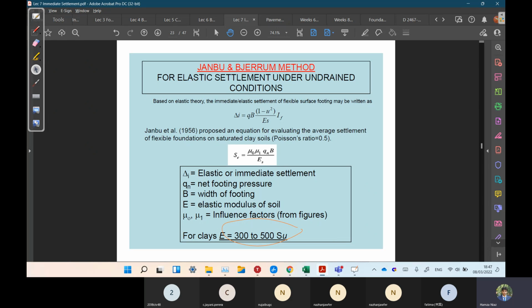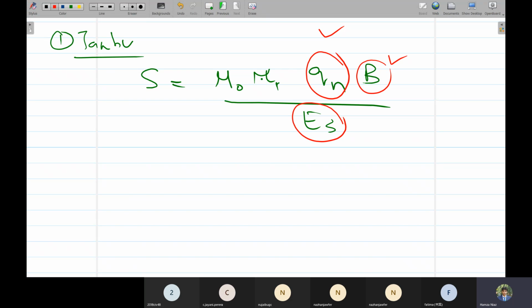Su is the unconfined shear strength. Su is equal to UCS divided by 2.